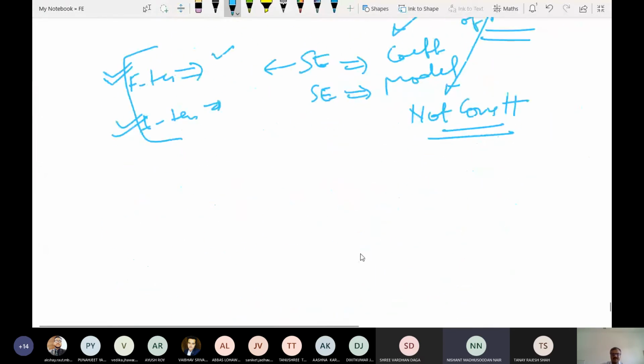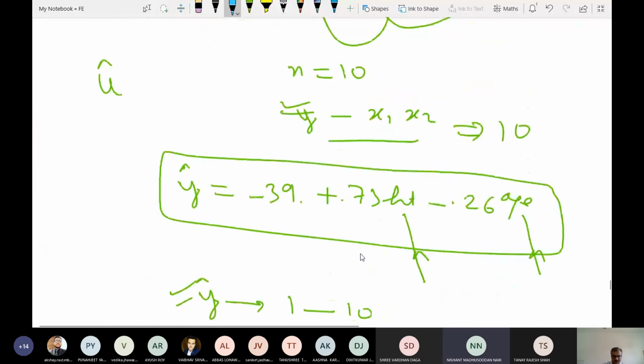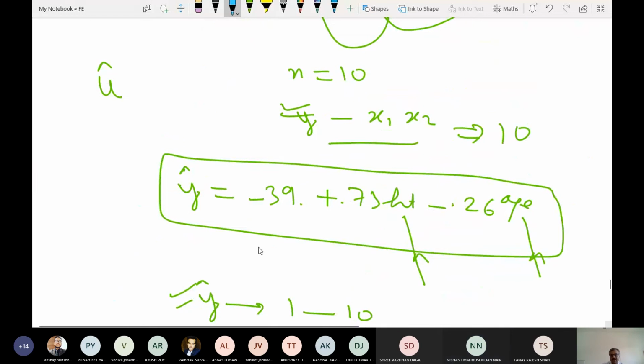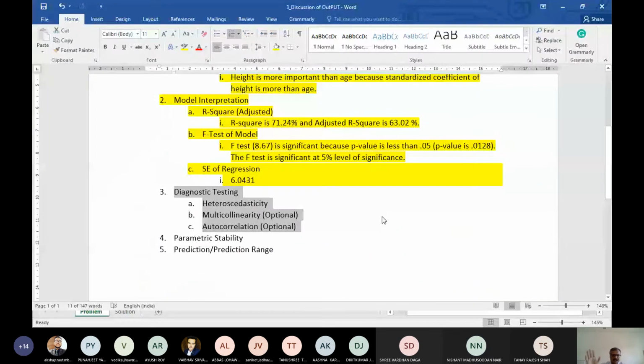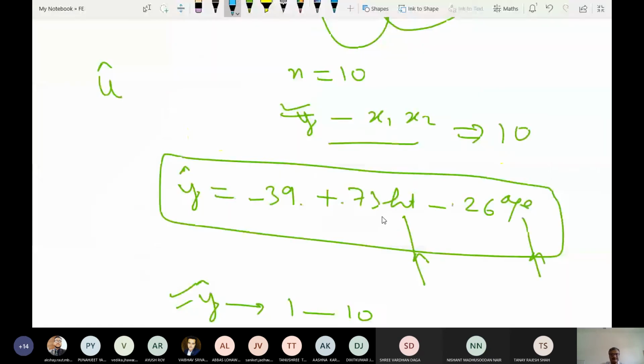The thing is that we have estimated this model, and we have done this whole discussion for the whole model. This is the model. These are the strengths and weaknesses of the model. That job is done. Then this model can be put to use. Somebody else, a new fellow, will come. Let's say this model is made and given to people to use. Let's say some gym has this equation in their system.